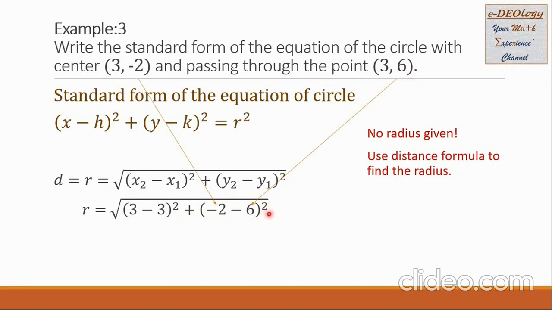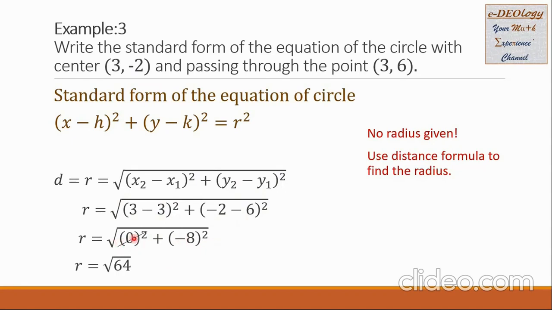Then this expression is raised to 2. There is a big square root here, of course. And then we will simplify further. 3 minus 3 is 0. That is now 0 squared plus -2 minus 6 is -8, and then power 2.